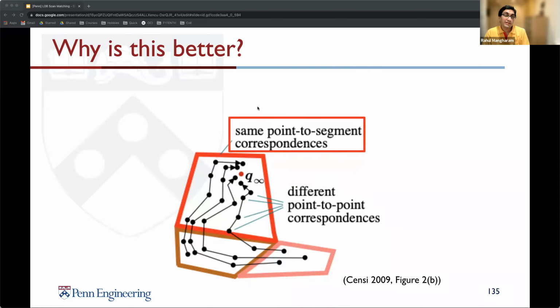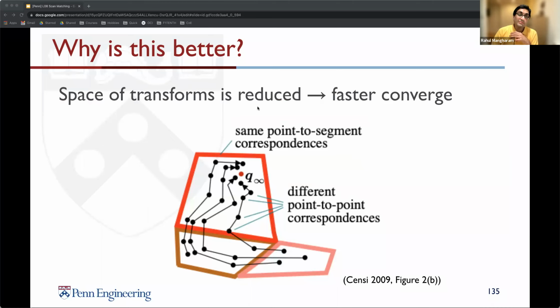In comparison, under the point-to-line metric, all the transforms within the area that have the same point-to-line segment correspondences will be considered equivalent in these boxes that are marked here. Therefore, intuitively, the space of transforms to be searched over is reduced, resulting in faster convergence.